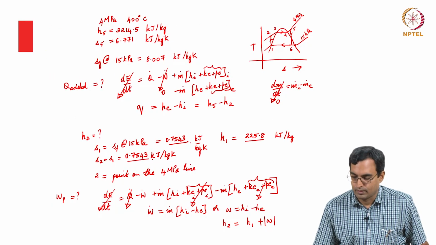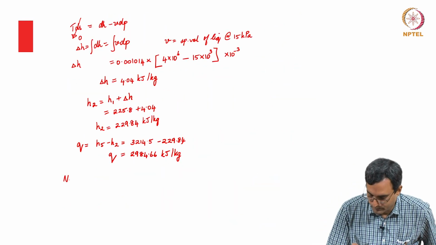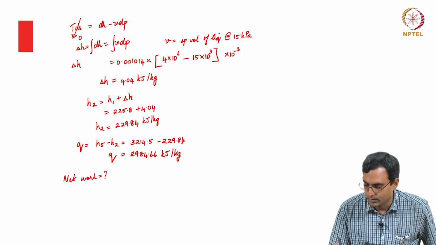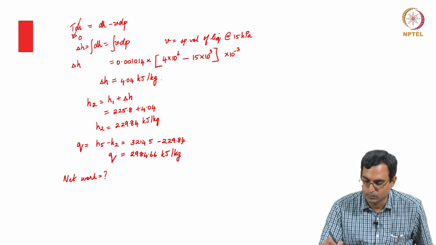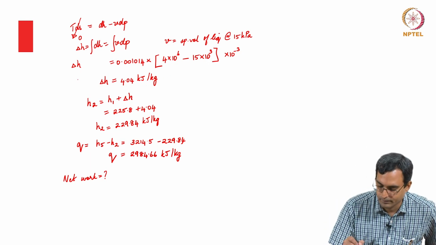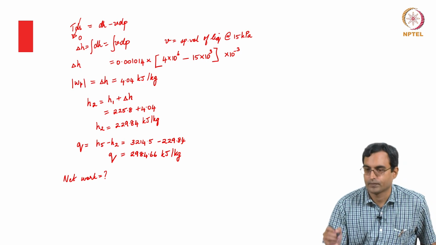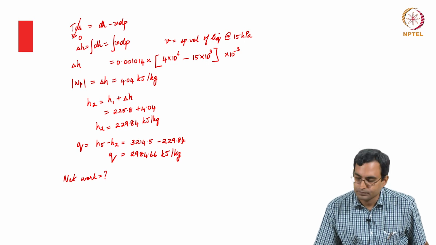So, that is something we need to find out now. So, we know the pump work, which is essentially this value. We have that. We need to find out the work during the expansion process.